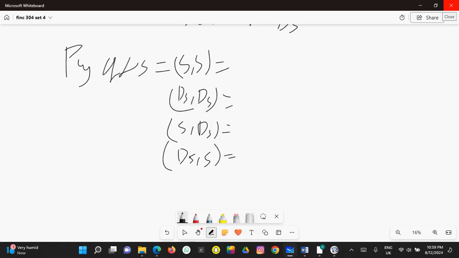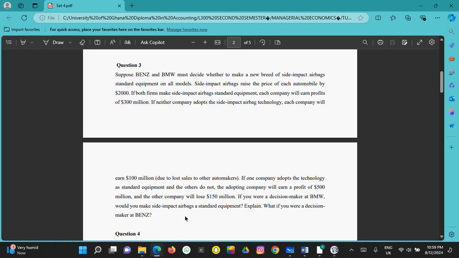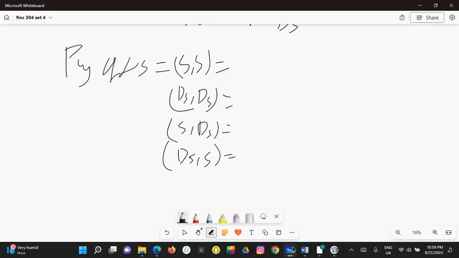Right. So if both of them are making this, they each earn 300 million. And then if both of them don't do it, they earn 100 each.